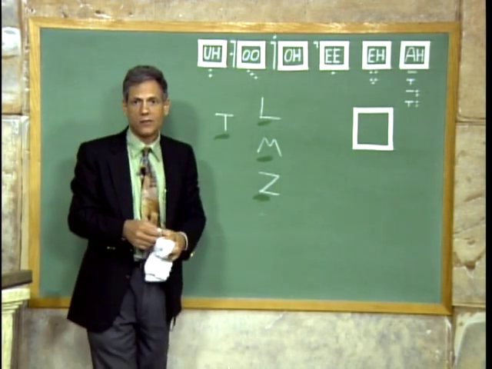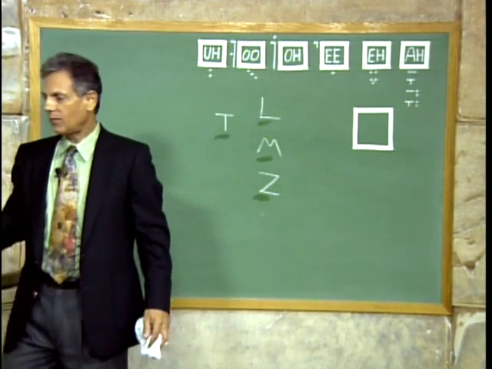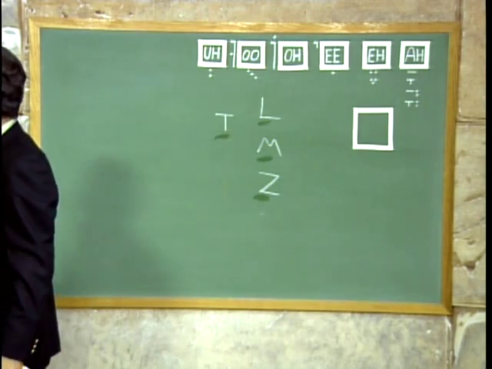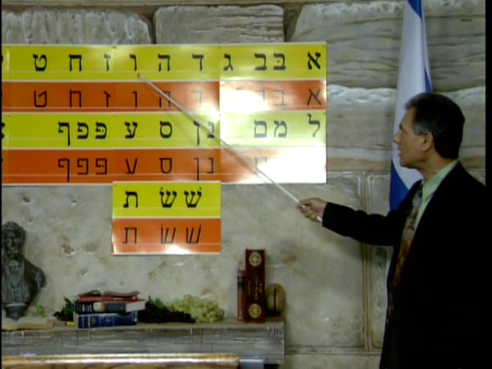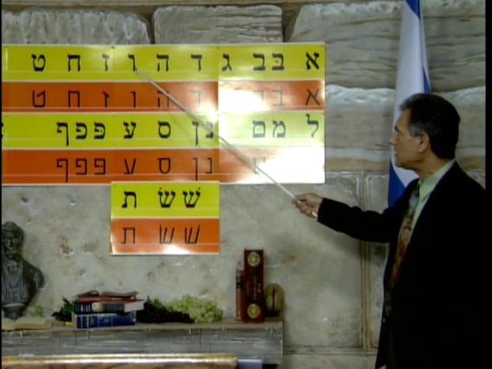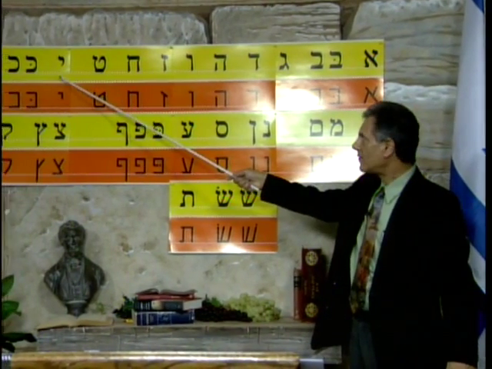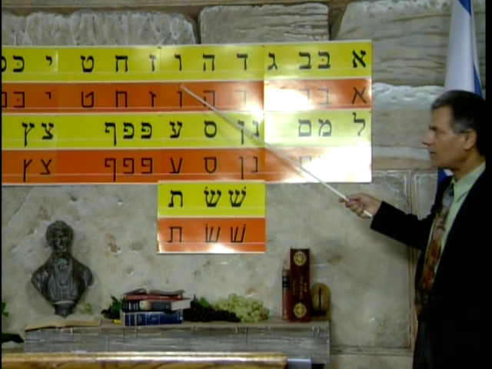The letter Vav, I can show it to you on the string of the Hebrew letters. It is the 6th letter of the Hebrew alphabet, right here. And it's also used like the Yud was used for helping a sound. Sometimes the Vav is used in helping a sound.